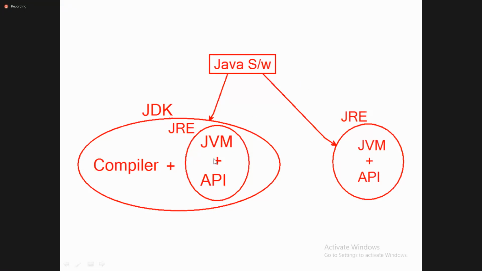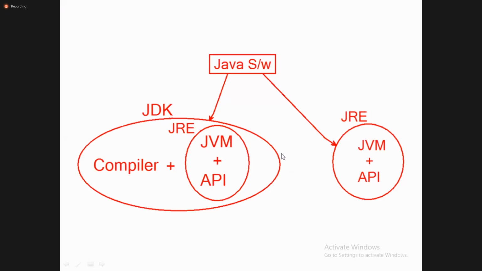You don't need to install JRE separately. You are a developer. Being a developer, you should have the compiler and also JVM and API, all three required. But as a customer, JRE is sufficient for you. JDK not required. JVM plus API is required.